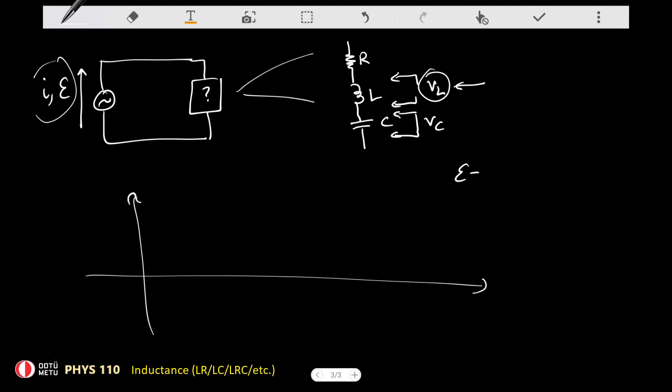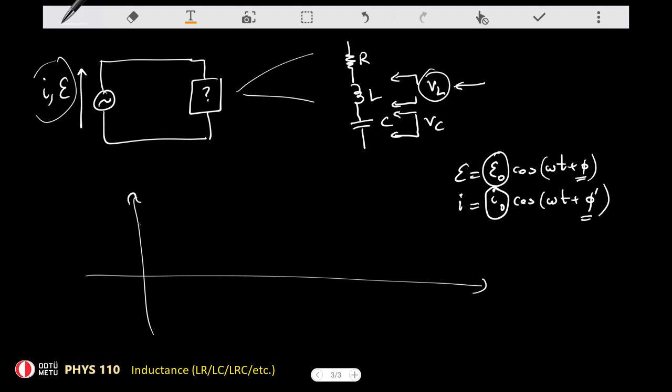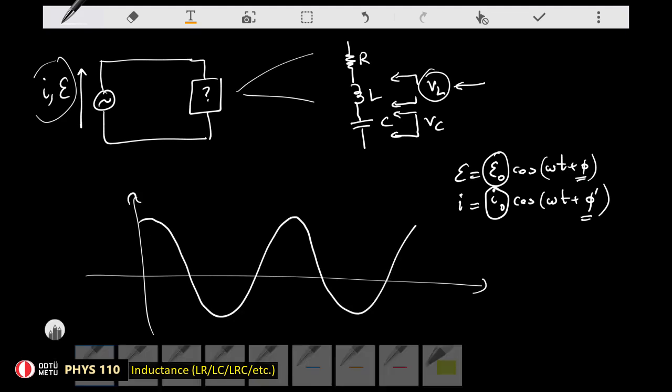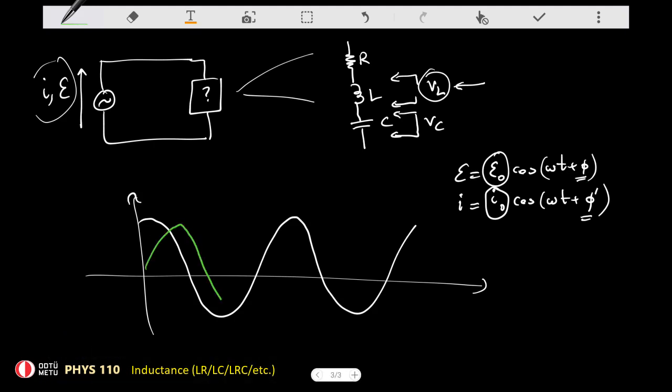EMF has an expression like this, cosine of omega t plus phi, and the current also has an expression like cosine of omega t plus phi prime. So we have amplitudes and we have phases. As a result, the EMF is going to have this kind of a time dependence, but the current is going to have this kind of a time dependence.